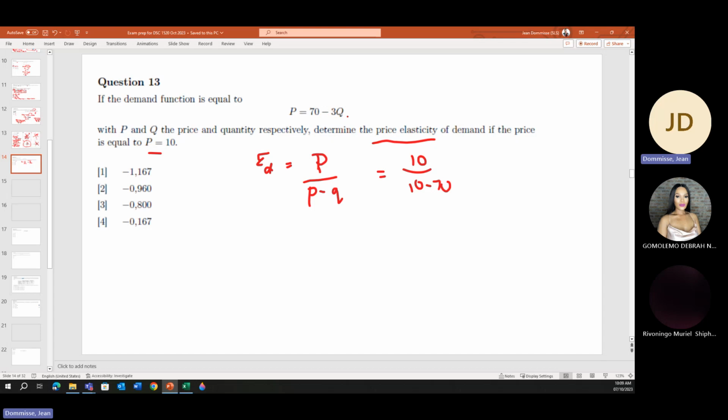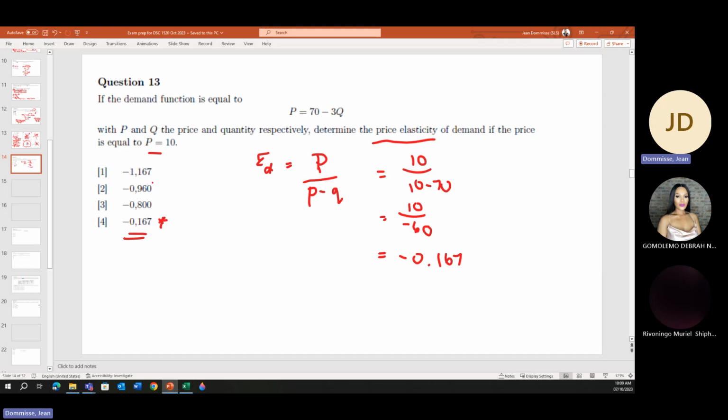So when Q is 0, we've got a 70. So that change at the bottom is 10 divided by minus 60, and that will give us minus 0.167. Okay, so there is that option.